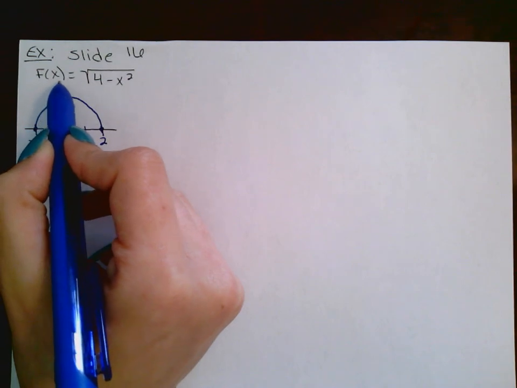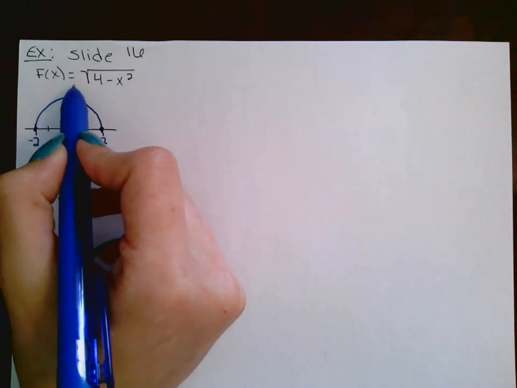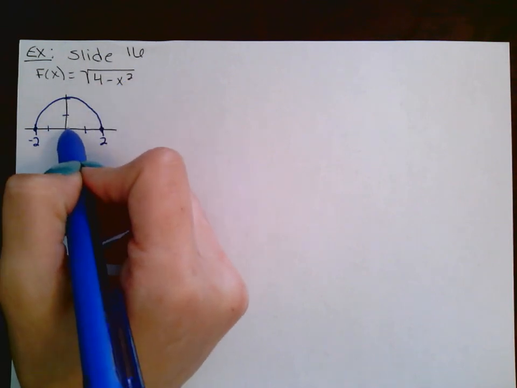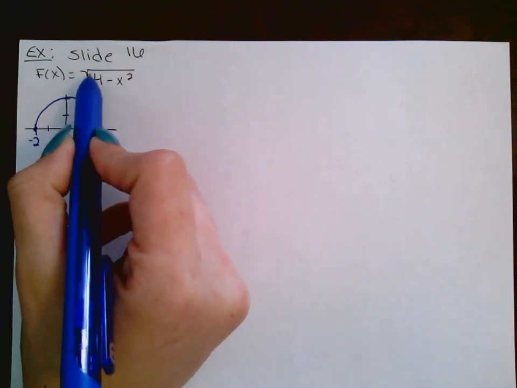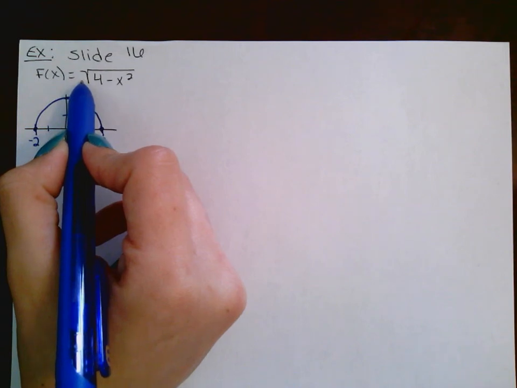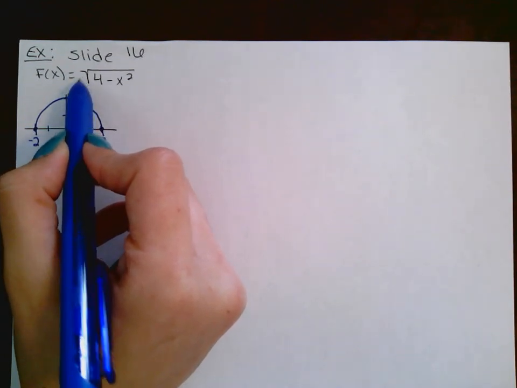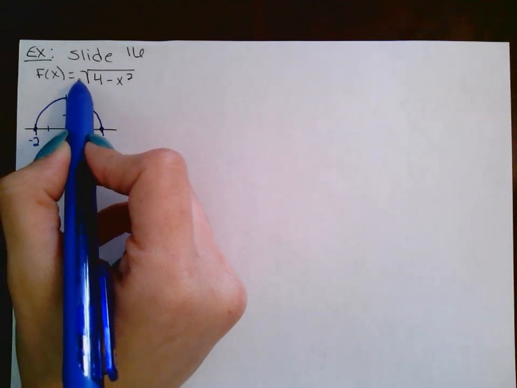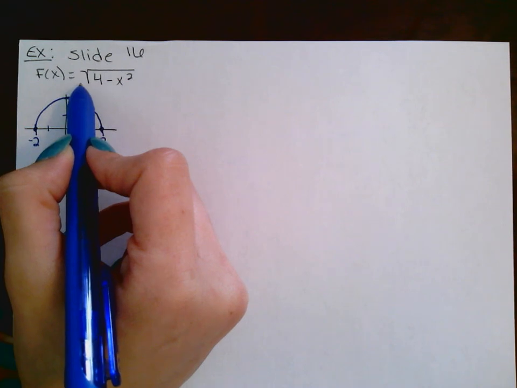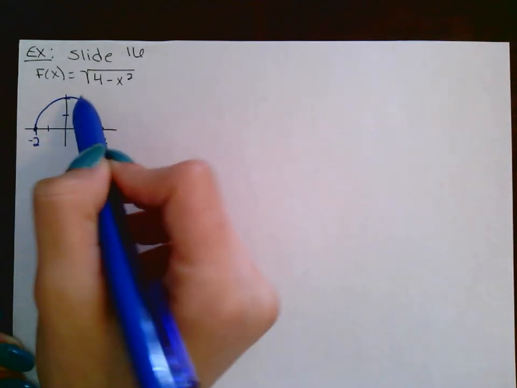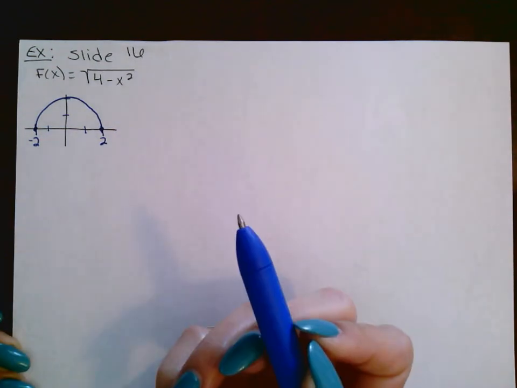If I put this as a y and I square both sides, I get rid of the radical, and then if I add this x squared over, you will clearly see the equation of a circle. When I do this on my own to get back to y by itself, I usually would apply a plus or minus in front of the radical, but because this does not have a plus or minus, it only counts the positive portion, which is why I only have the top part of this circle. The minus would have been the bottom half of this circle.